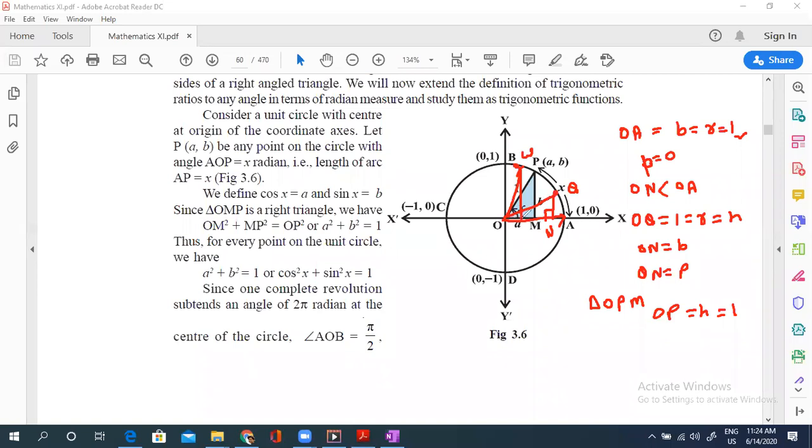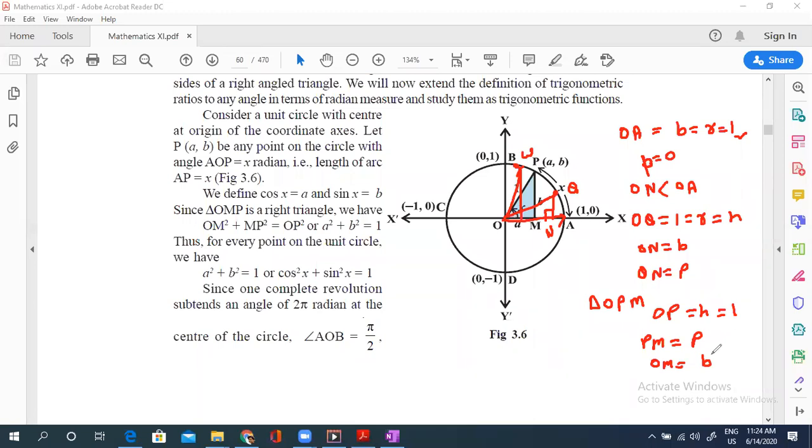Now, in OPM, OP is your hypotenuse, PM is your perpendicular, and OM is your base. Got this? Any issue? Till this point, everyone is getting the concept?